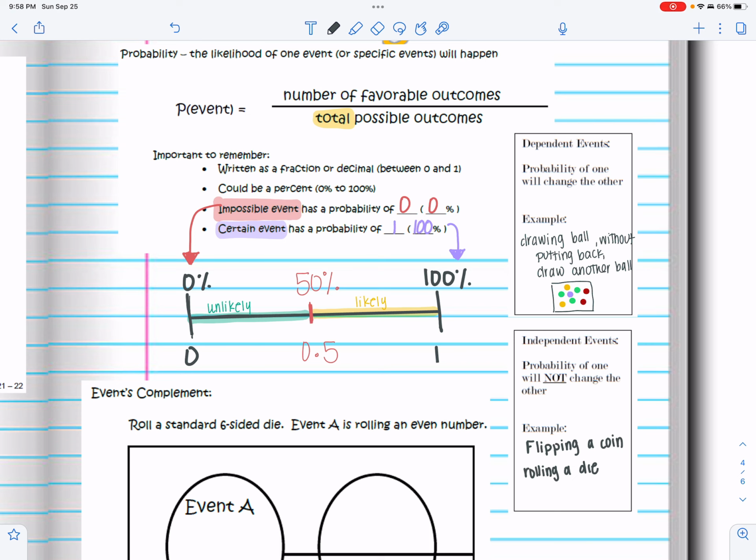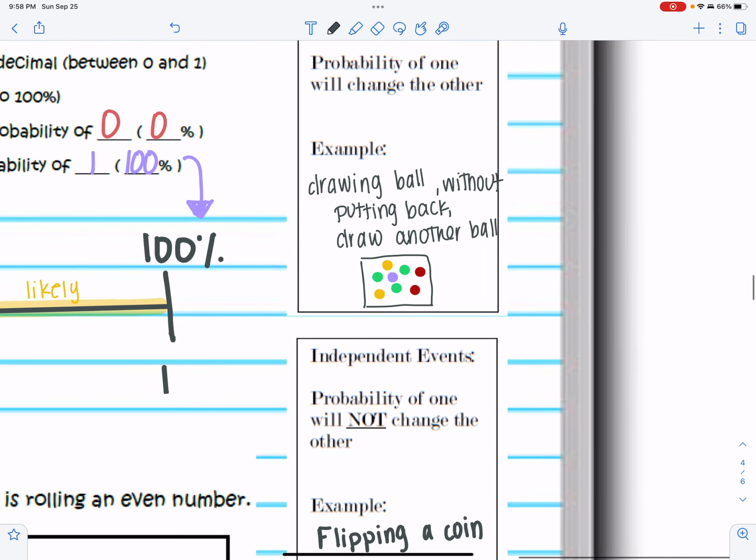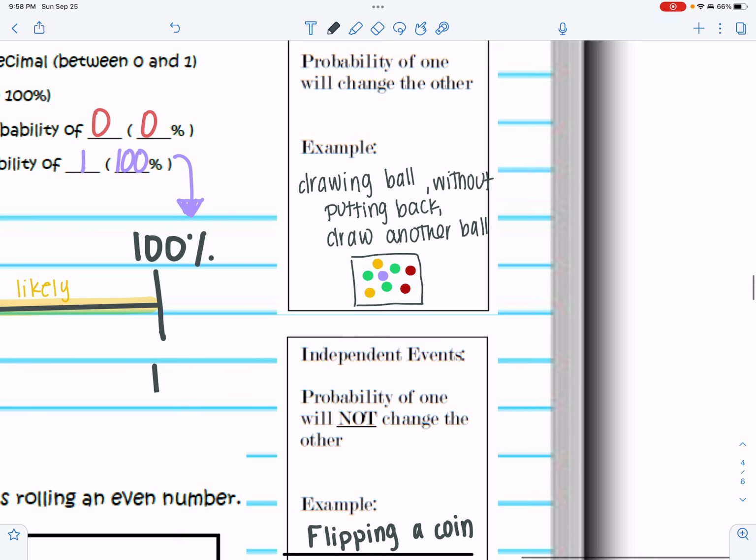We also have this idea of dependent and independent events. Dependent events are just like it sounds. They're going to depend on each other. An example is drawing a ball without putting it back, then drawing another ball out of this bucket. If I reach my hand in the bucket and draw this yellow ball, I take it out, and then it says without putting it back, I draw another one.